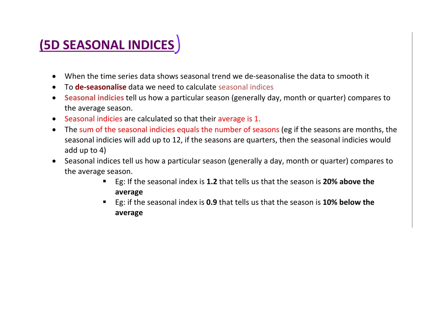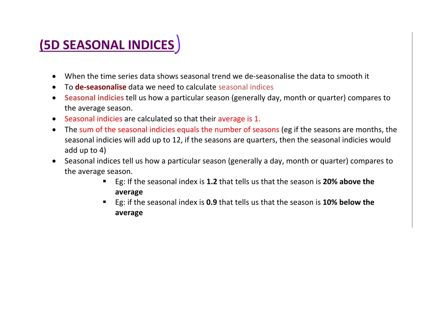So what we're going to do is de-seasonalize the data. We're trying to take away that peaking or dropping every season, and we want to see the overall trend. We do that by de-seasonalizing the data. To de-seasonalize the data, we need to find the seasonal indices, which tell us how a particular season compares to the average.